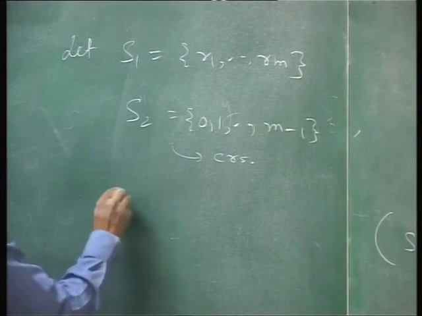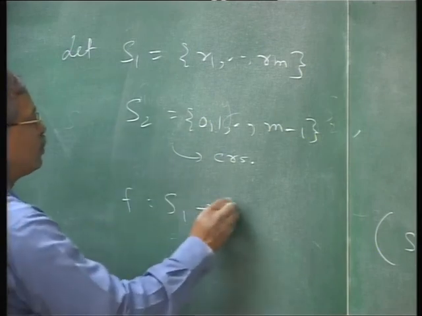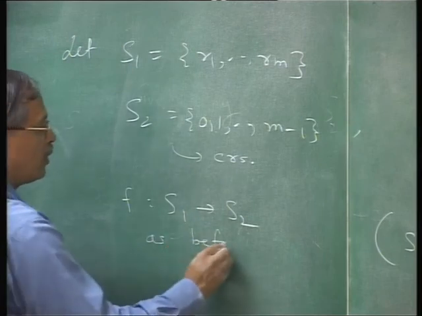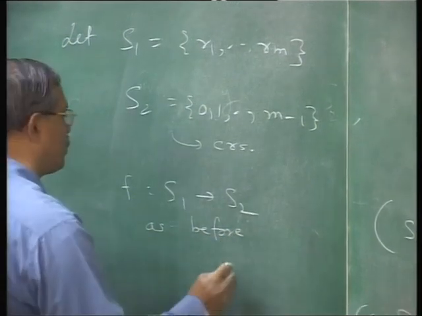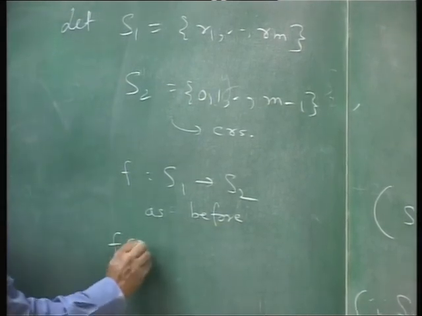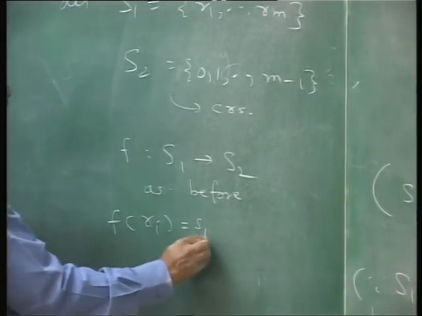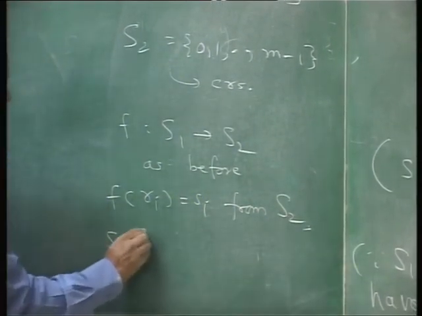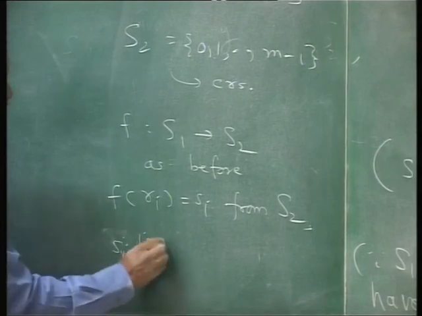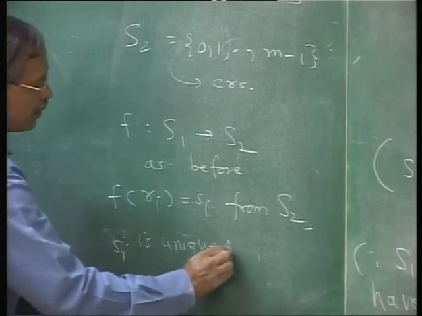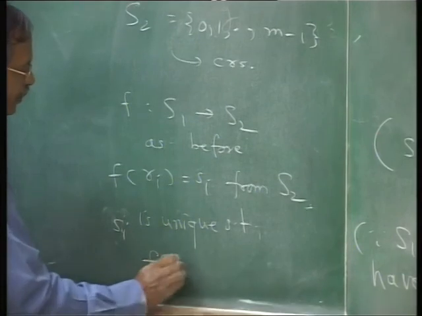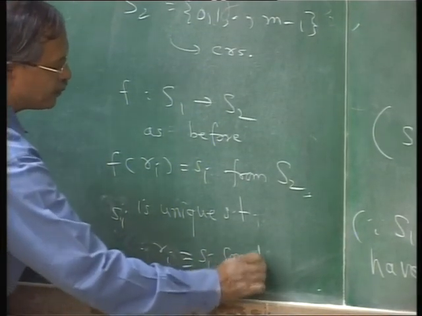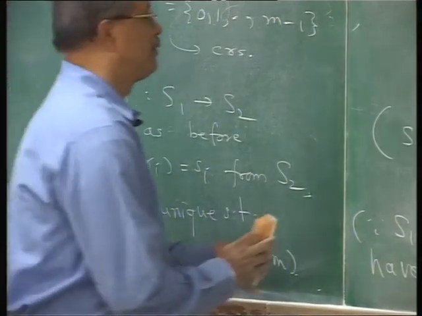Therefore, you have a function f from S1 to S2 as before. So f of Ri equals Si from S2, where small si is unique such that Ri is congruent to Si mod m. So define this function like this.